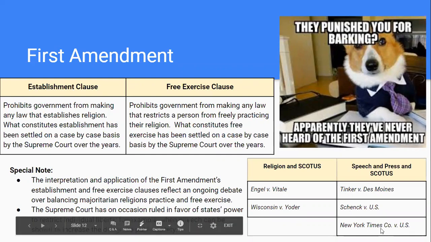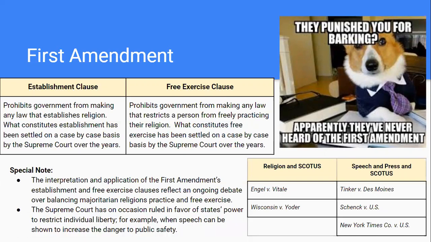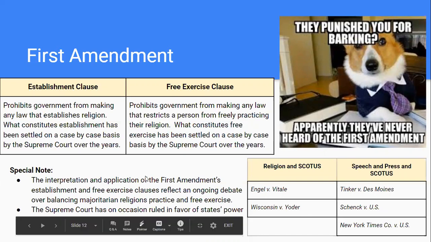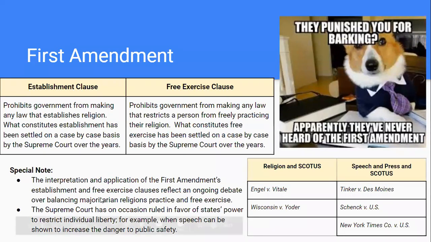New York Times Company versus United States is the Pentagon Papers, and the right of the people to know, the right of the people to have a free press is much more important than the United States covering up their involvement in Vietnam in the Pentagon Papers.